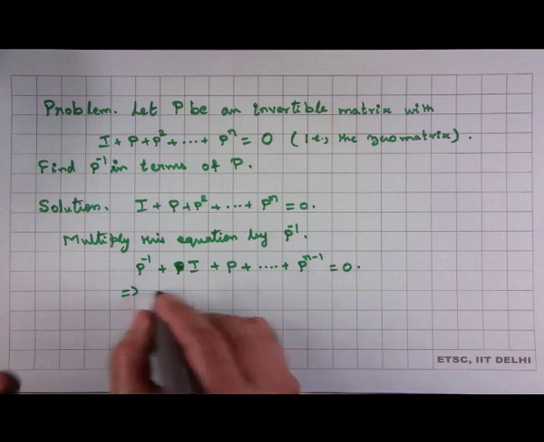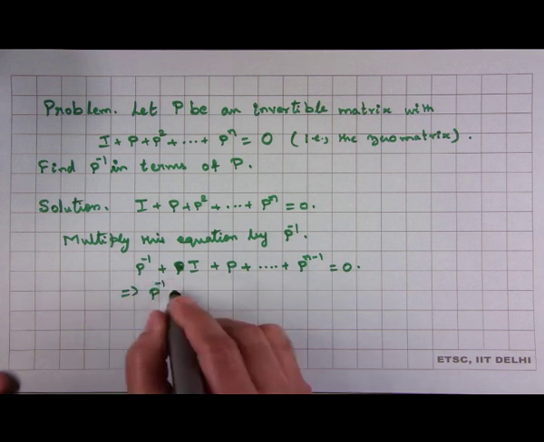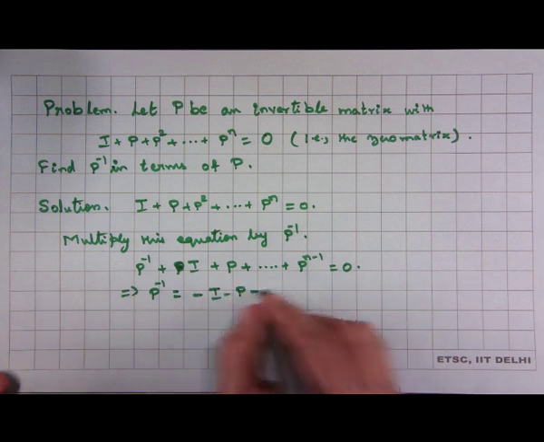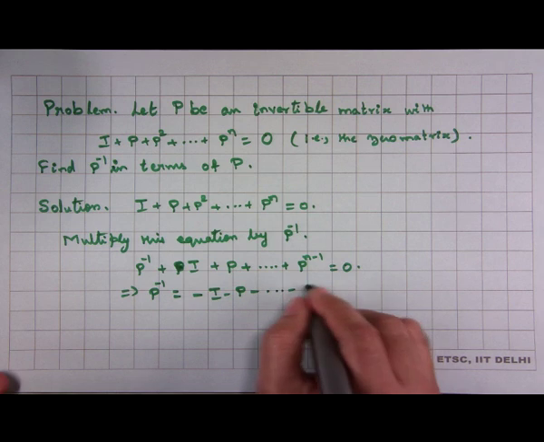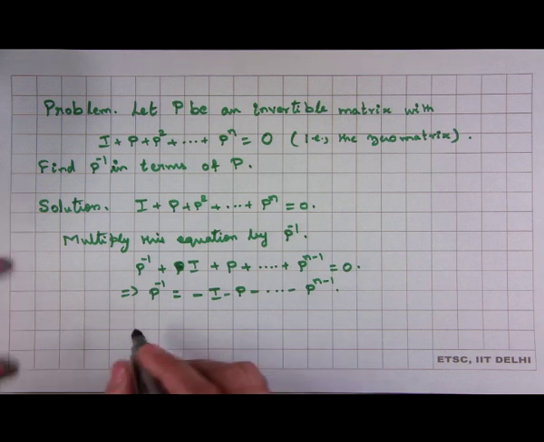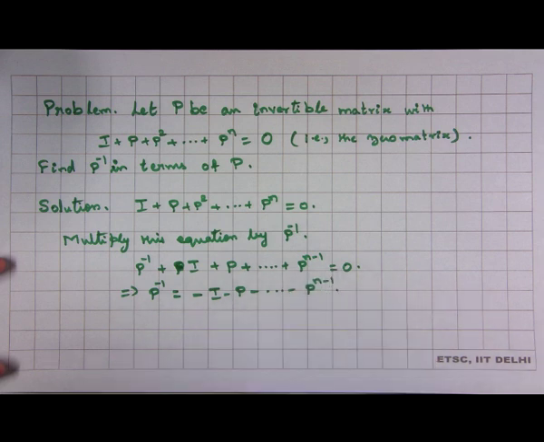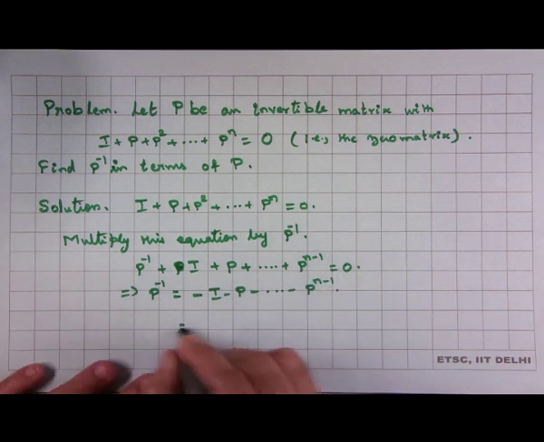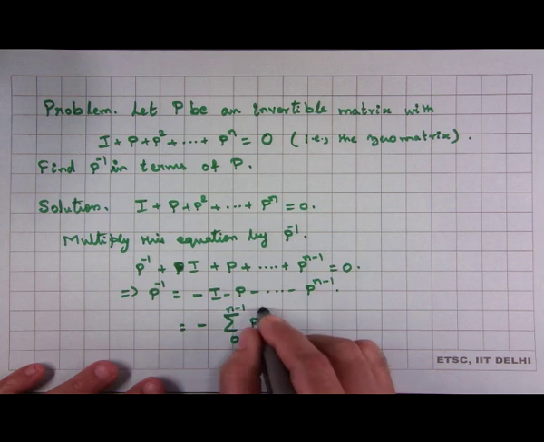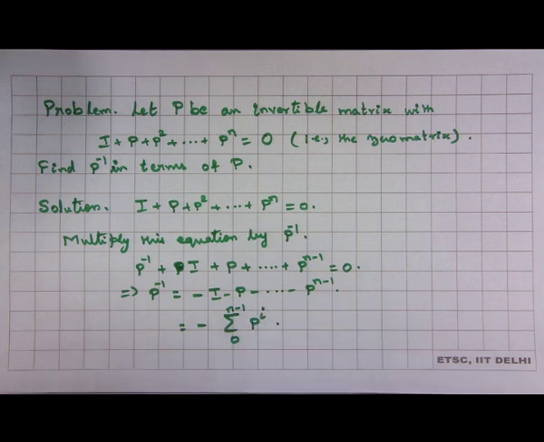So, this will imply P inverse is minus I minus P minus up to minus P power n minus 1, right. So, this is the inverse of the matrix, which is equal to minus of summation 0 to n minus 1 P power i. Let us do the second one.